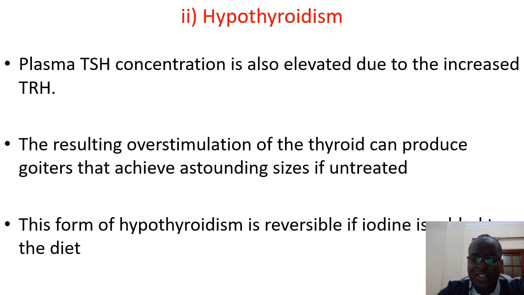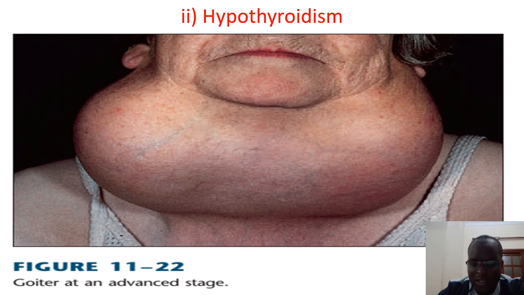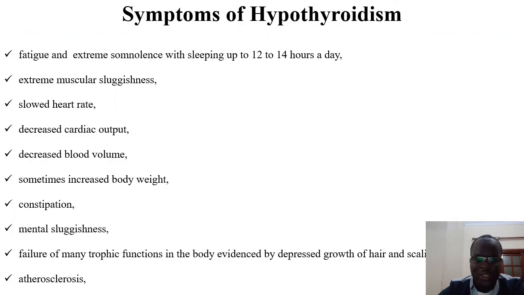So if it's not treated, the goiter will continue increasing in size. But this form of hypothyroidism is reversible with iodine if iodine is added to the diet. So if you just add iodine to the diet, it can go back to the normal size. So you can see the hypertrophy of the thyroid gland, which is called goiter, in an advanced stage if treatment is not done in good time.